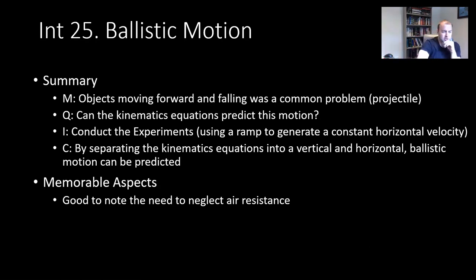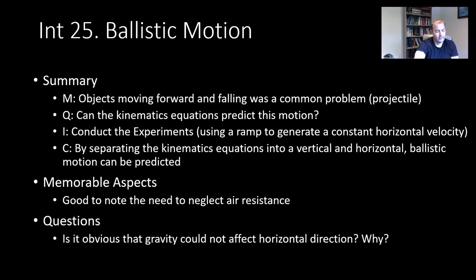Again, very good to note the need to neglect air resistance, and the idea that air resistance does become greater with greater speeds. That is something that I think was probably recognized, but I'm not sure would be proven. So I consider that a question as well.